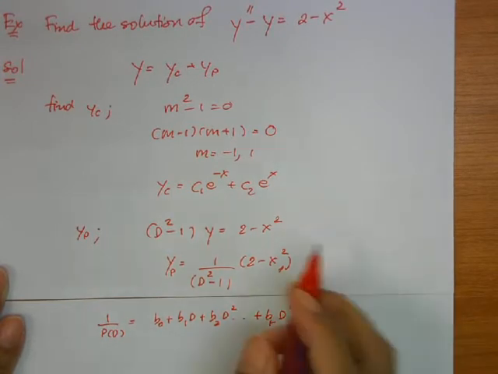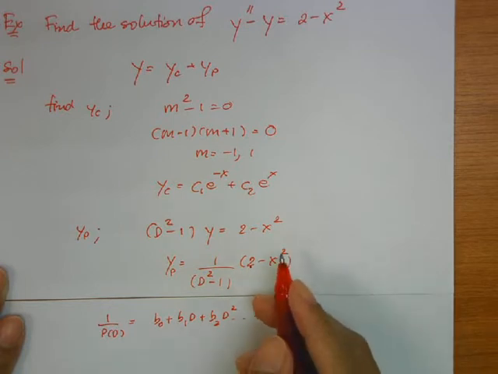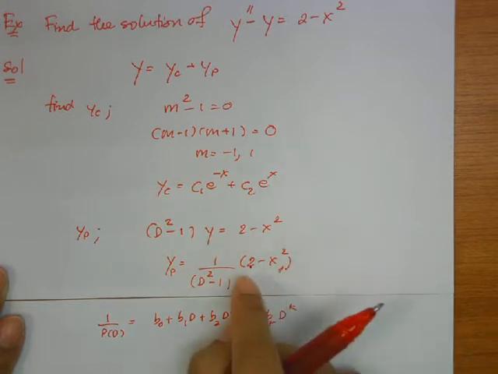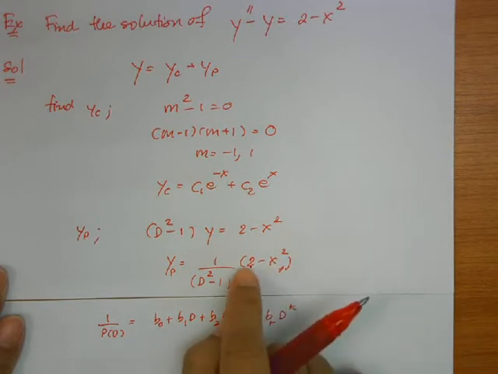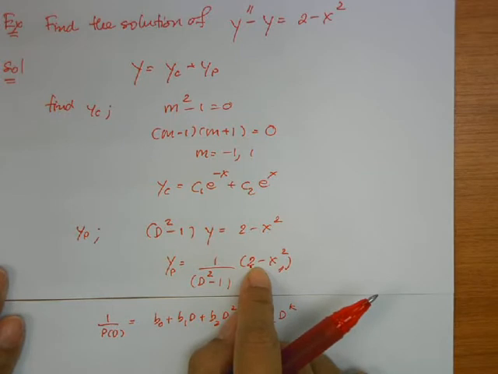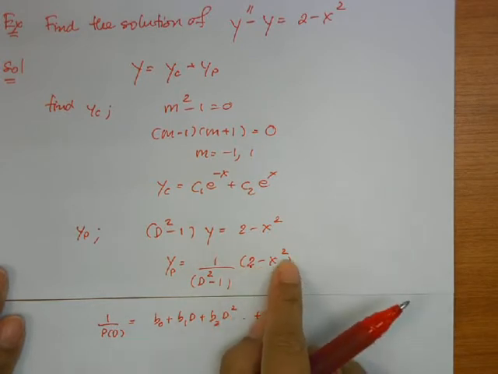Now, the first term, 2, actually we have the function of power x, right? It's 2 times x to the power 0. And so that means for the first term, our k is equal to 0. And for the second term, our k is equal to 2.